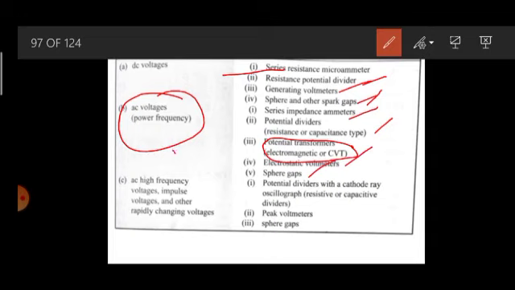Similarly, for HVAC with high frequency voltages, impulse voltages and other rapidly changing voltages, we can use potential dividers, capacitive dividers, peak voltmeters or sphere gaps.